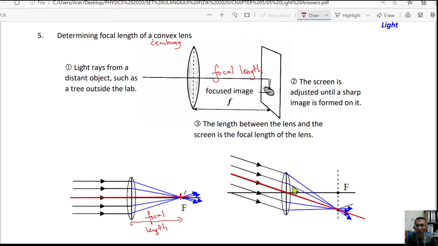Again, the distance from here to here is our focal length. So that is how we determine the focal length of a convex lens. Actually, we have other methods as well, but this is the easiest one that we can do in the lab.